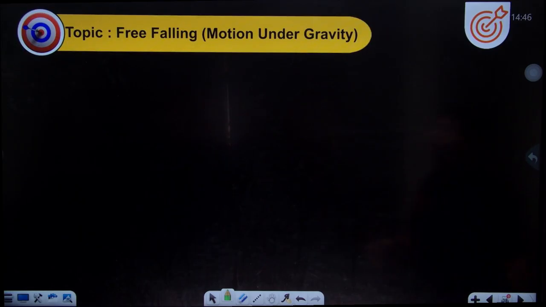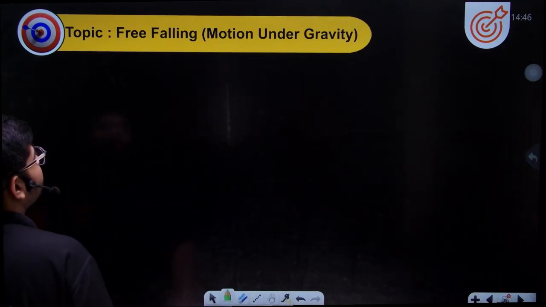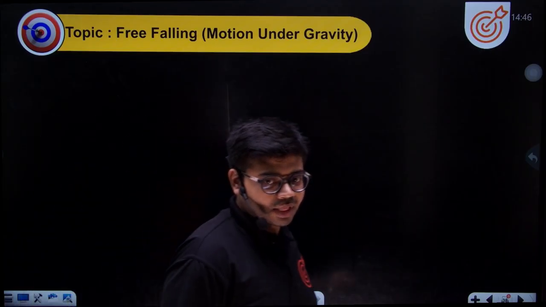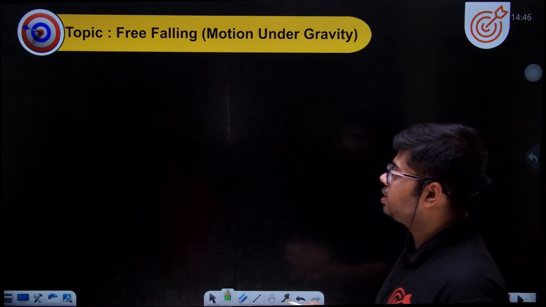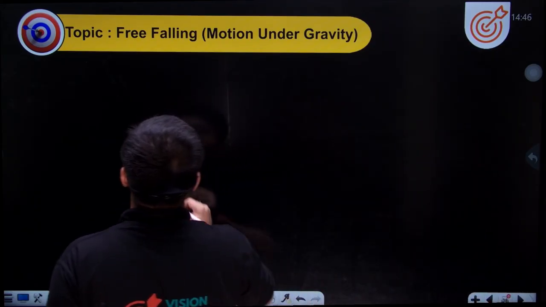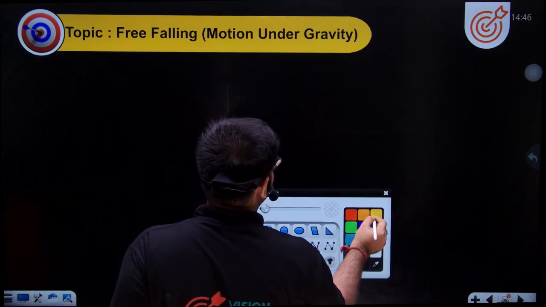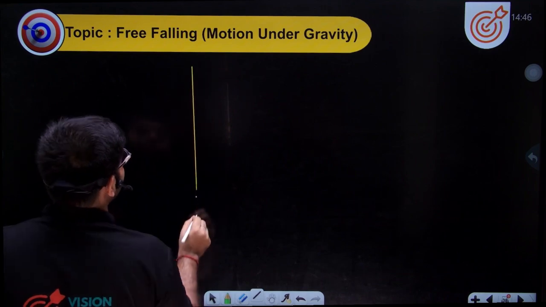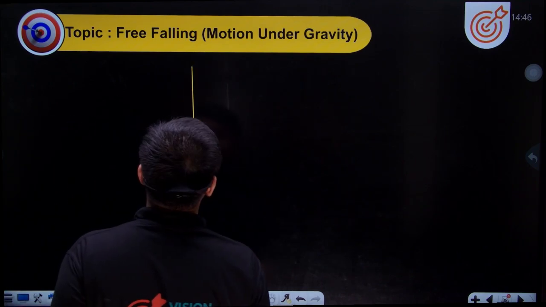Okay. Now, we will basically talk about the free falling or the motion under gravity. Okay. So, when we talk about the motion under gravity, what we mean to understand here is that no other force apart from gravity is being applied. Okay. So, only the body is under gravitational force.